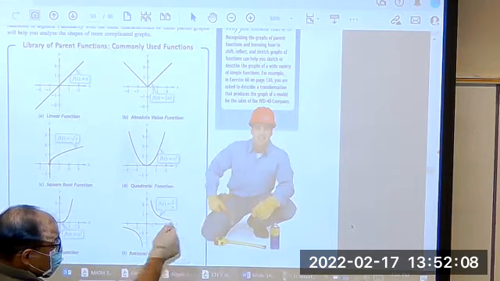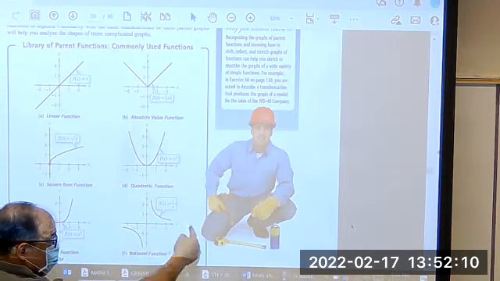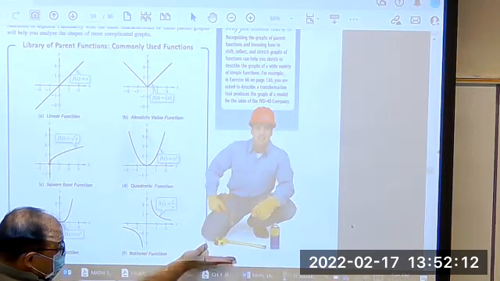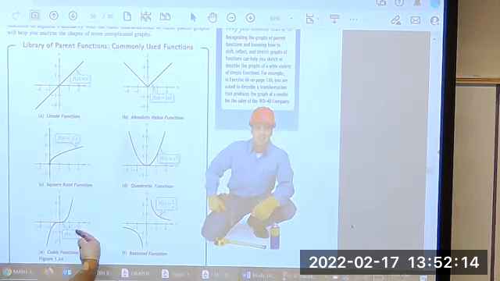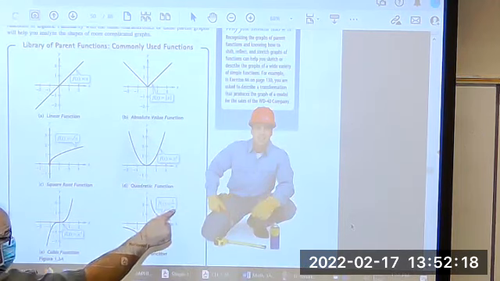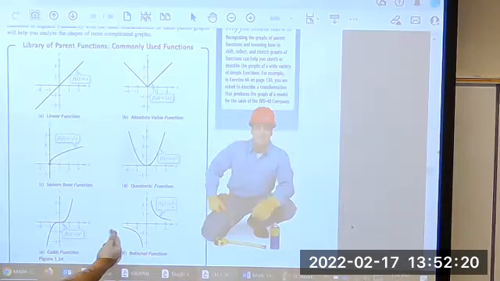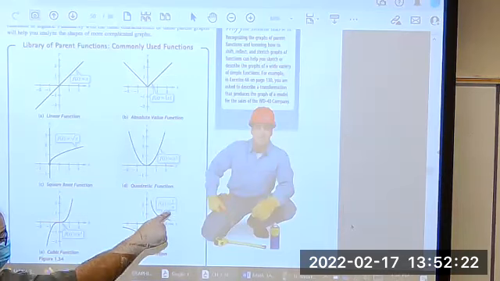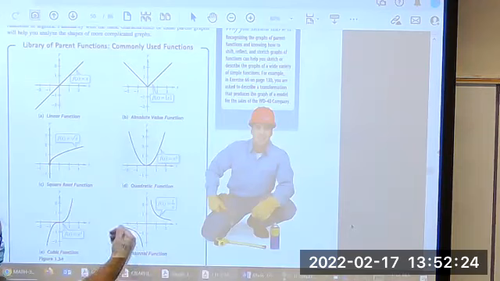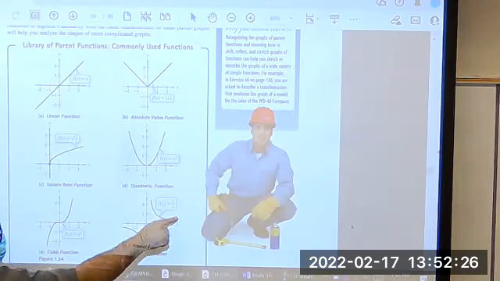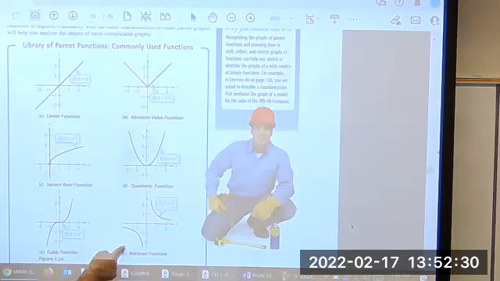They never touch the x-axis. So it never equals 0 and it never equals a negative on this side. When you're on this side and you're plugging in negative numbers, everything's below the x-axis, because positive 2 is above over here, but 1 over negative 2 would be down below.